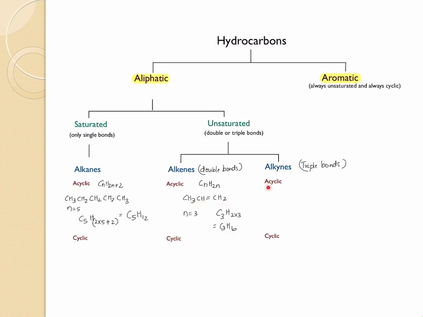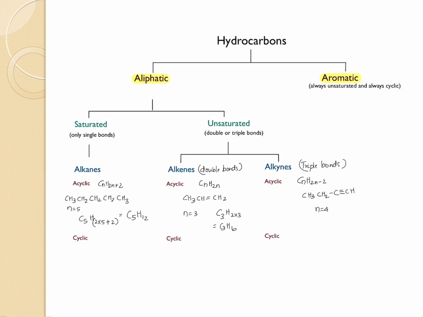When it comes to acyclic alkynes, it's going to have another 2 hydrogens less. So it will be CnH2n-2. So take a look into this. We have 2 hydrogens less compared to the case of alkanes. And then here we have again another 2 hydrogens less compared to that of alkenes. Let's take butyne as the example. So here is butyne.